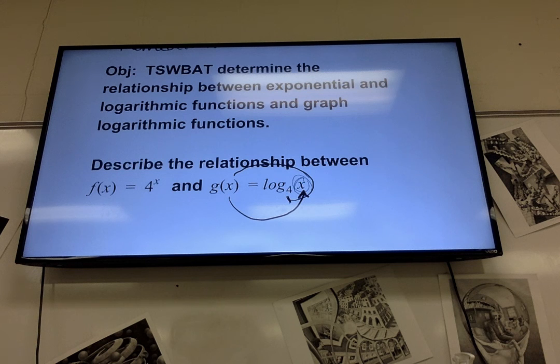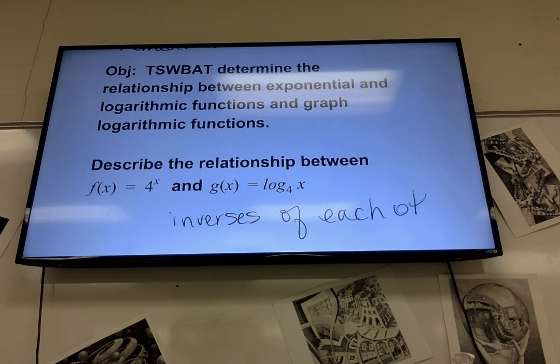So really these two are related in that one undoes the other. They're inverses of each other. And we'll see that when we go to graph these.